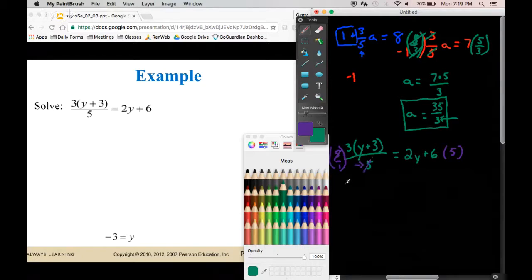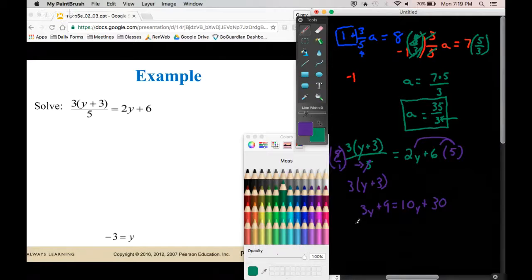Your 5 goes away, and you're now left with 3 times (y plus 3) equals 5, distribute the 5 through, equals 10y plus 30.